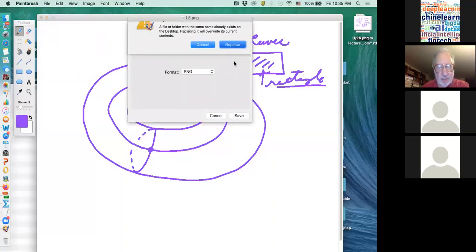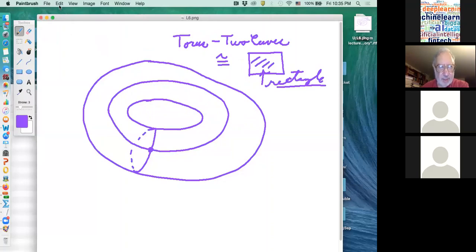But as long as we're talking about higher genus surfaces, I think I want to tell you about a way of thinking about knots on such surfaces.